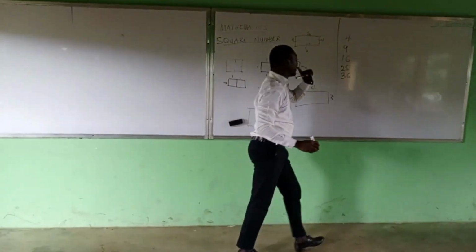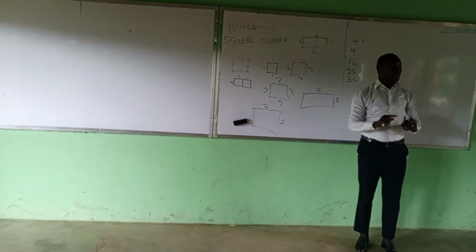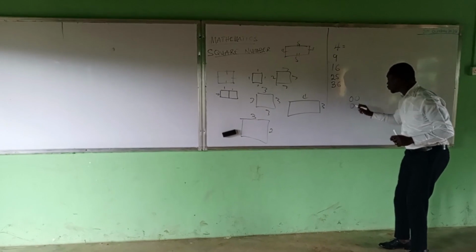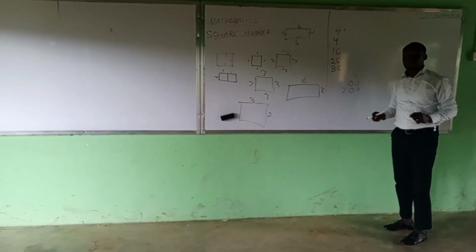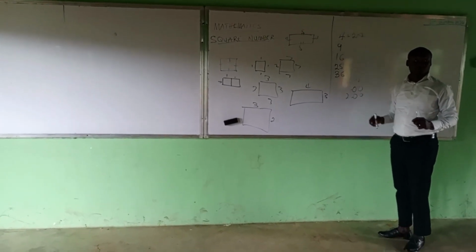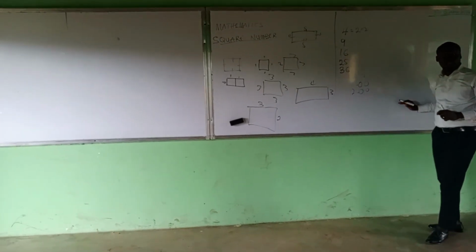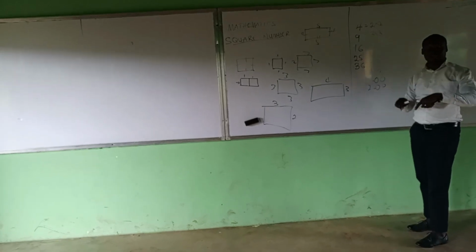Let's look at something. After the arrangement, we saw that we have 2 and 2. So here is 2, here is also 2. So 2 times 2 gives us 4. When we go to the ninth one, we have 3 and 3, so 3 times 3 gives us 9.